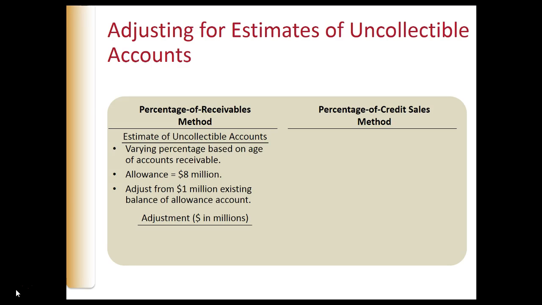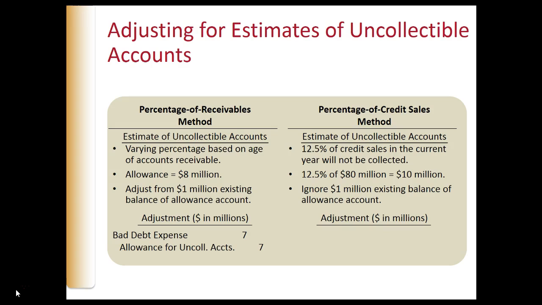So this slide is going to demonstrate the differences in the two methods when adjusting for estimates of uncollectible accounts. Notice that the two methods for estimating uncollectible accounts result in different adjustments. Because the amounts of the adjustments differ, the effects on the financial statements differ. Remember that the balance of the allowance account before adjustment is a 1 million credit.